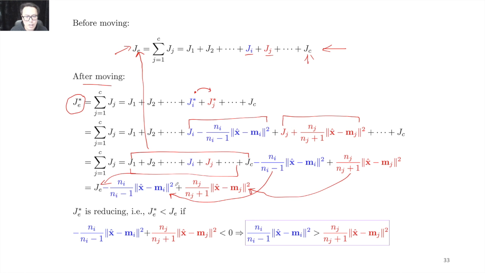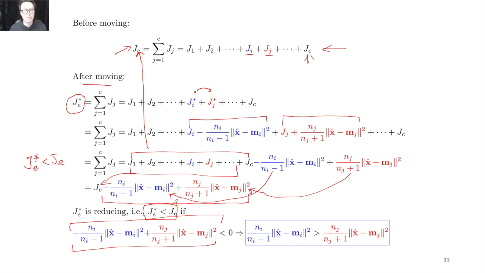Now take a look at the last two terms. Think about under what condition this Je star will be less than the previous Je. It happens only when this term is negative. If the move is correct, this is negative, and this negative will cause the updated Je star to be smaller than Je, indicating this is the right move.